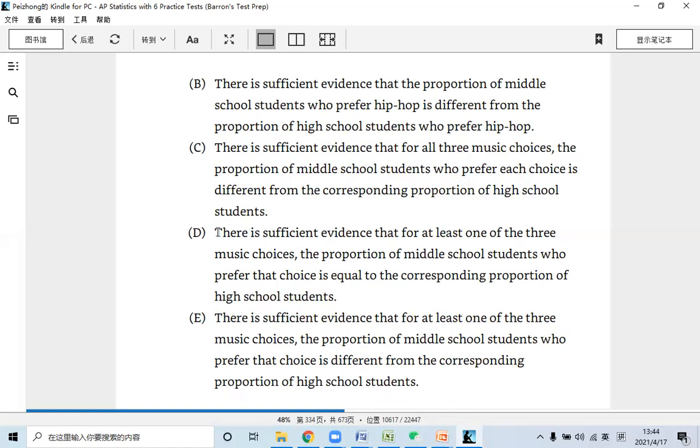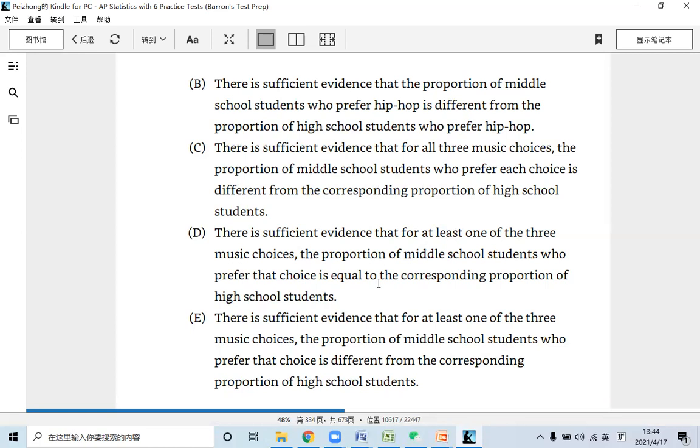D, there is sufficient evidence that for at least one, yeah, this sounds really promising. At least one of the three musical choices, the proportion of middle school students and high school students would be equal.